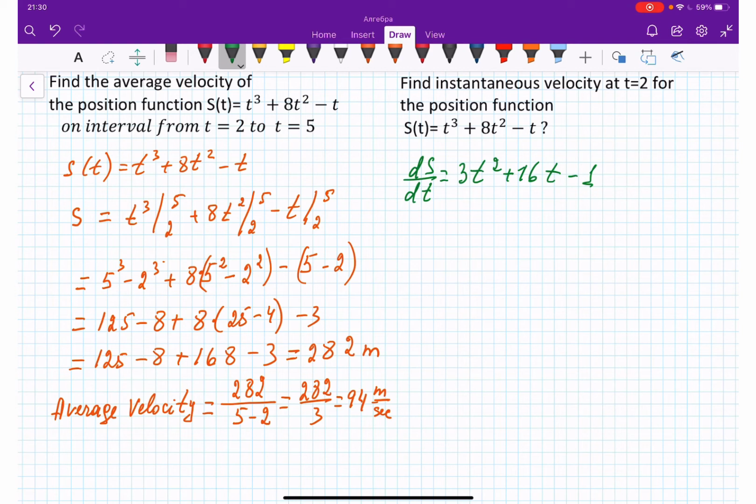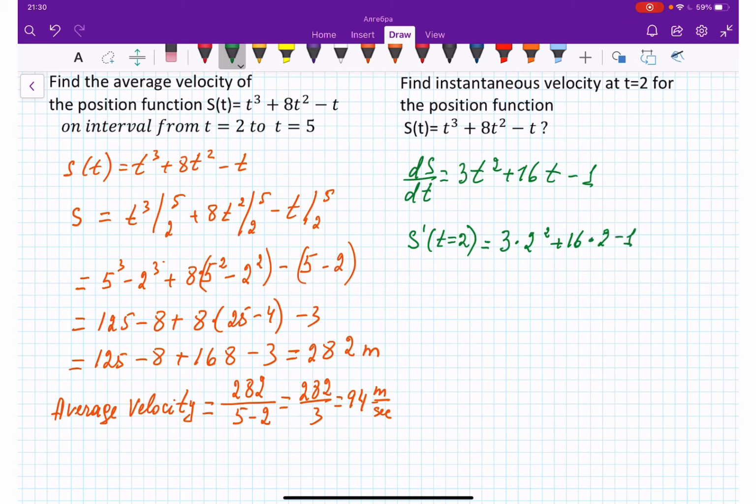At the point t = 2, I'm going to write it this way: s prime of t is equal to 3 times 2 squared plus 16 times 2 and minus 1.